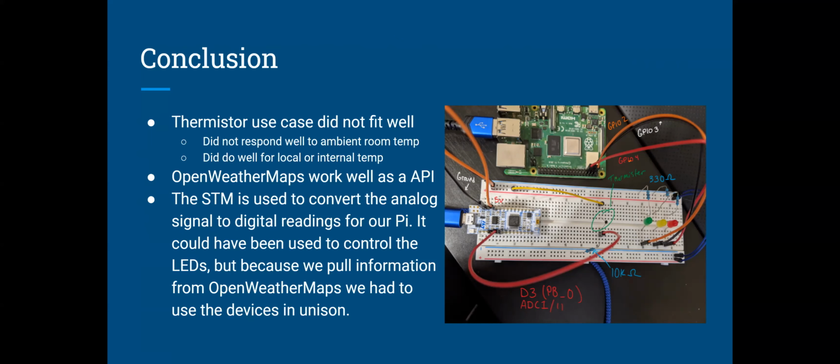Also, after looking through Open Weather Map, we found that it's a very good API once we got it properly sorted out. And then we also realized this project probably could have been run strictly off the STM, but because we needed the Raspberry Pi to host the server, we had to use them in unison to convert those signals.